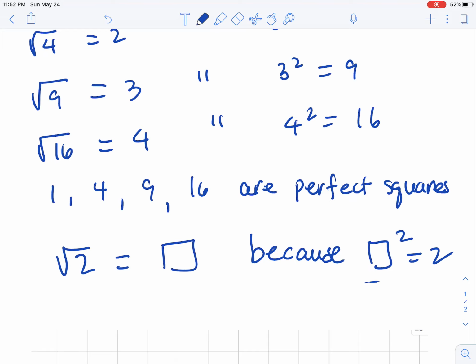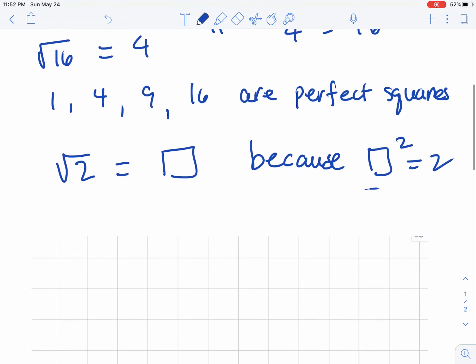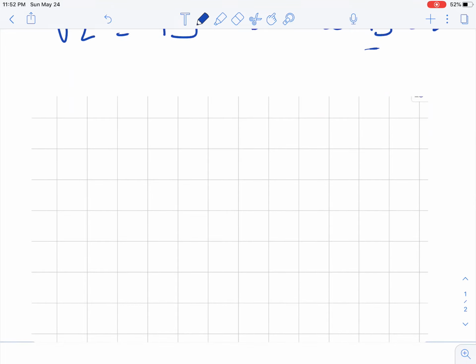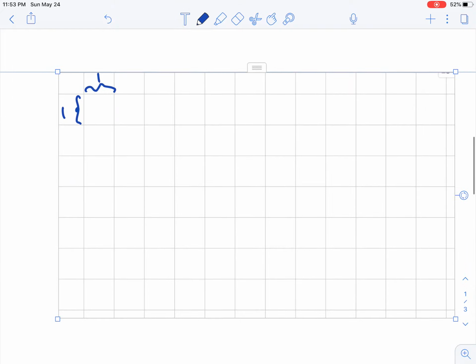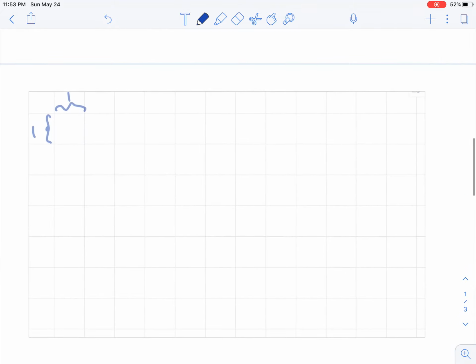Kung gusto nyo, pwede nating tignan yung parang geometric interpretation niyan, no? Halimbawa, pag meron tayong grid na 1 by 1. So this is 1 unit, for example, and this is 1 unit. Square root of 2 can be drawn using the diagonal.